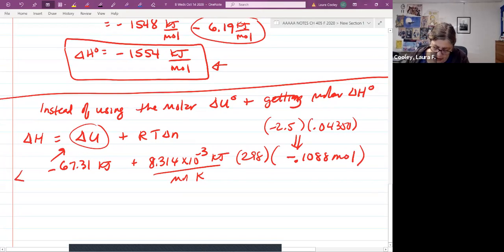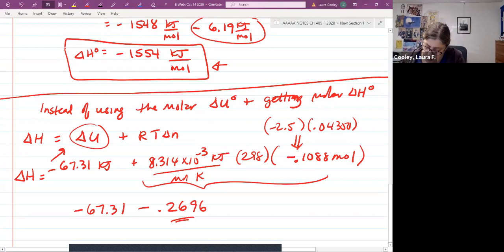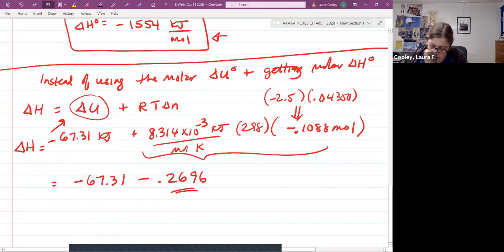So now, to get the delta H, you just add these numbers up. So that's what this equals, 0.2696. So you get negative 67.59. So now, if you want to find the molar amount, you would just divide that by the number of moles.